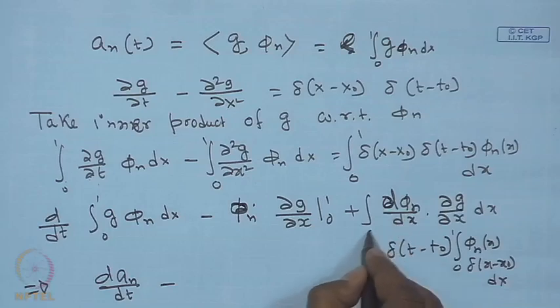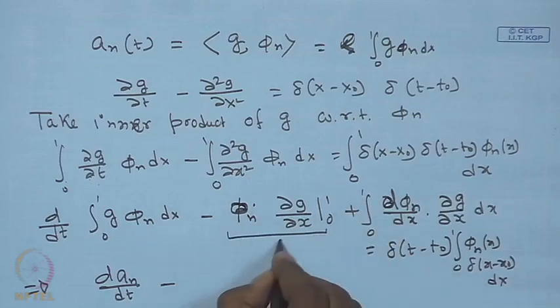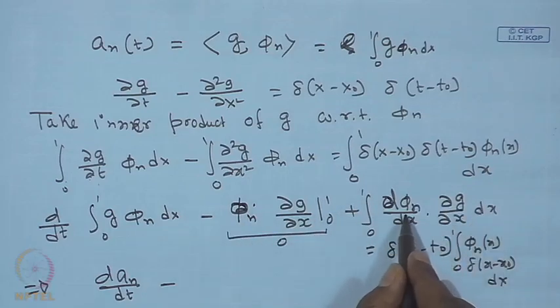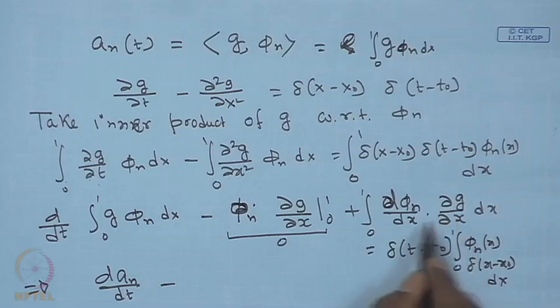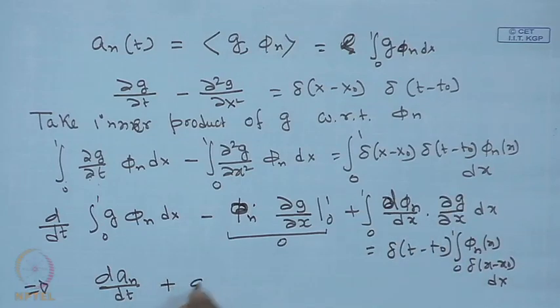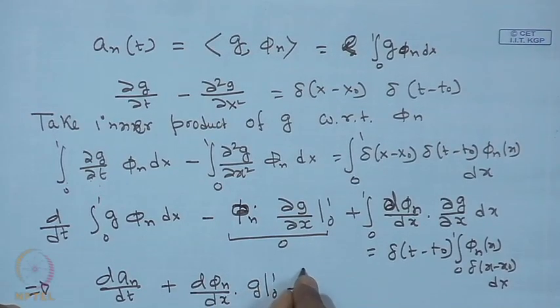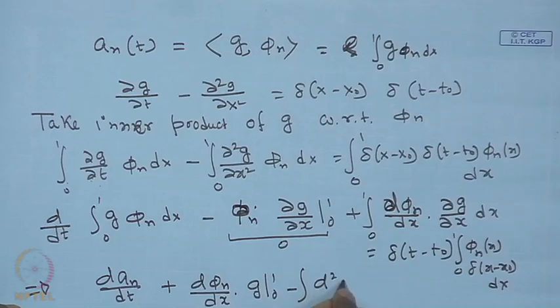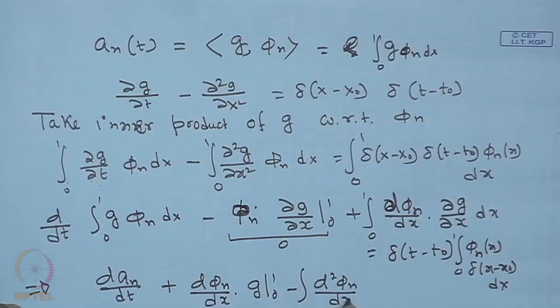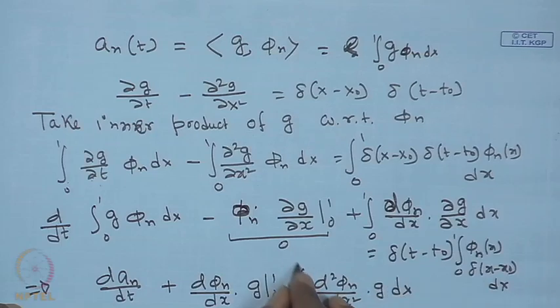Then again we differentiate, so this whole thing becomes 0. We do integration by parts once again: first function, integration of second function, plus first function integration of the second function from 0 to 1, minus the differential of first function, that is d square phi n dx square, integration of second function g dx from 0 to 1.